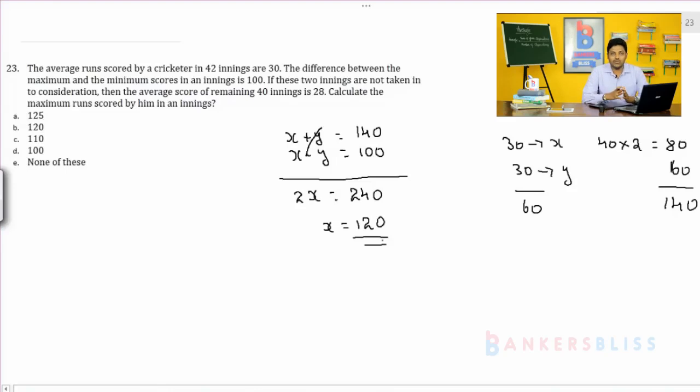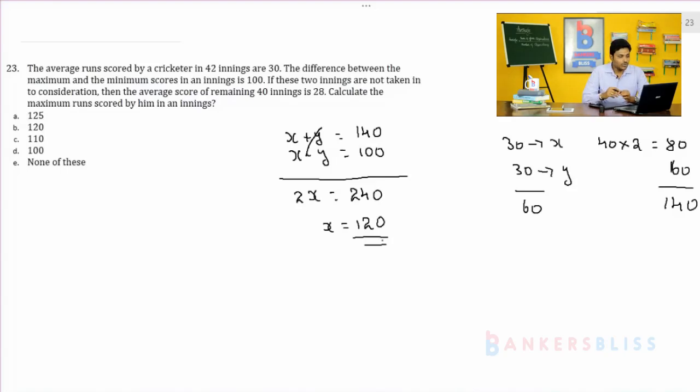Very simple. Let me repeat again. They have given the difference between the maximum score and the minimum score is 100. Let us consider the maximum score as x, and y will be the minimum score. So x minus y is equal to 100. The average was 30 before they came out of the group. When they come out of the group, the average is reduced to 28, meaning each and every individual is reduced by 2.